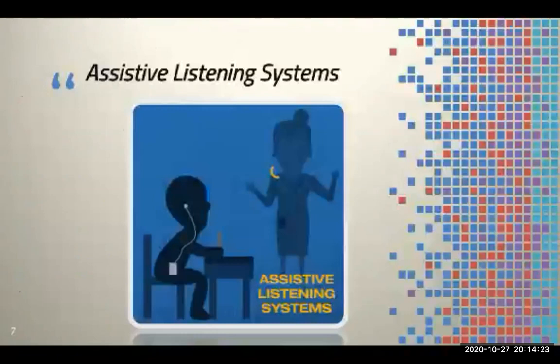The next one is the assistive listening system. How does it work? An assistive listening system uses a microphone, a type of transmission technology, and a device for capturing and bringing the sound to the ear. The specific transmission technology is typically what distinguishes one type of assistive listening system from another.